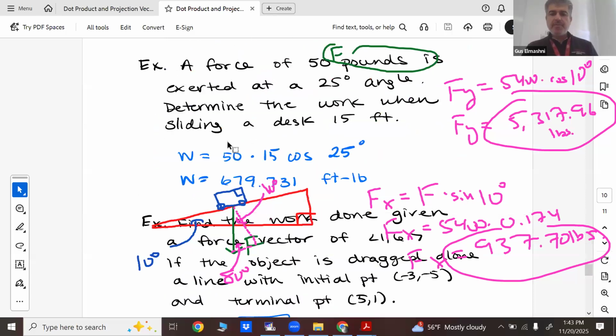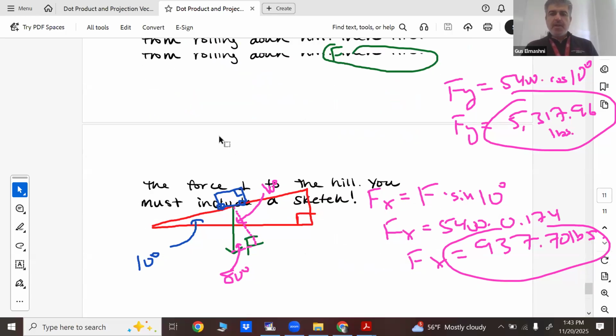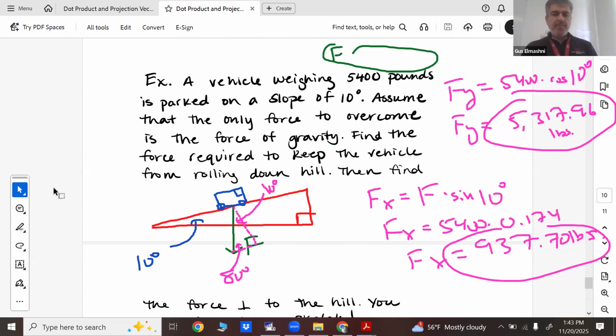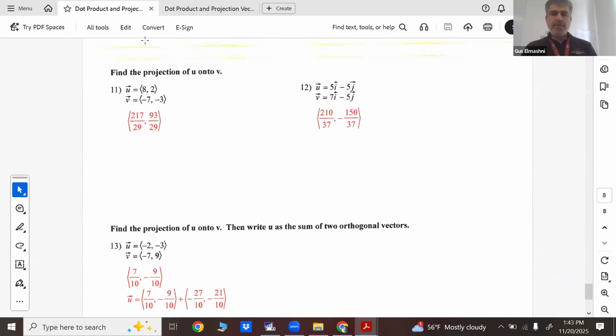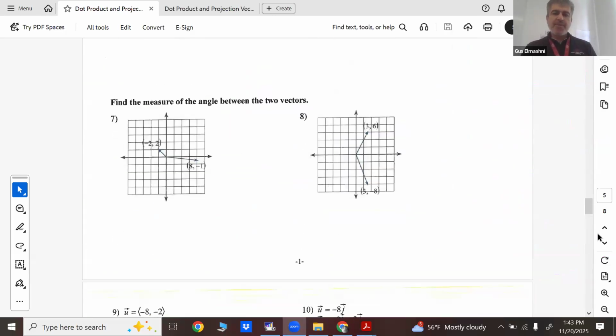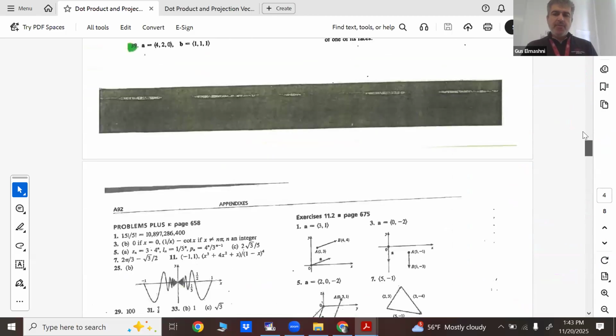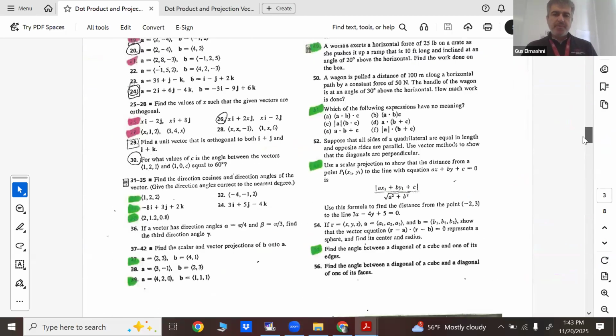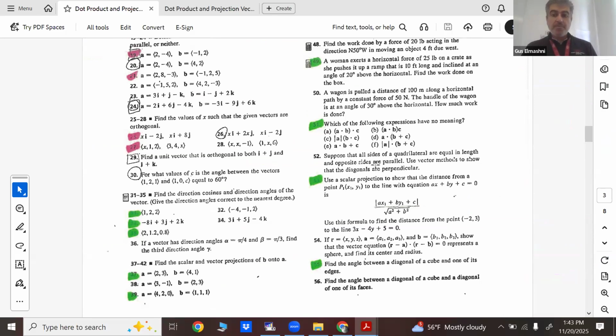Okay, we're all done for today. What I'd like you guys to do for practice, it's not a homework assignment, it's just if you want to practice for our test, is the green problems. Just good extra practice.